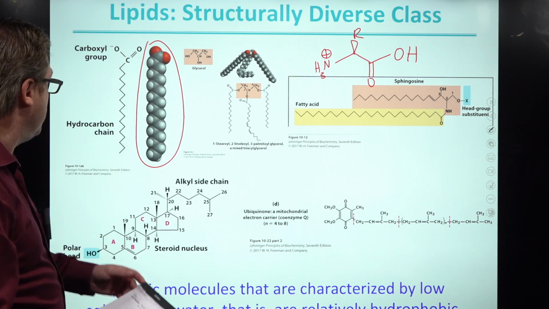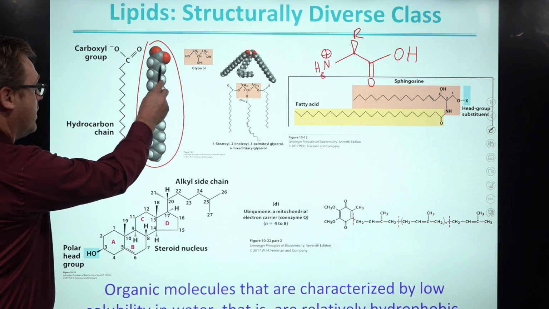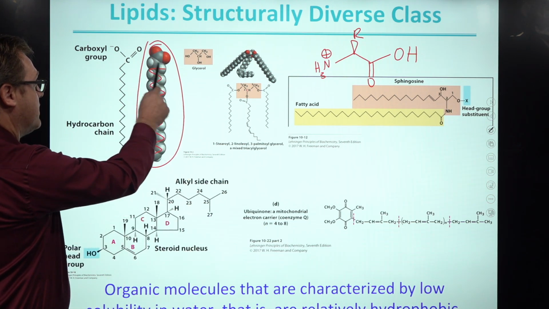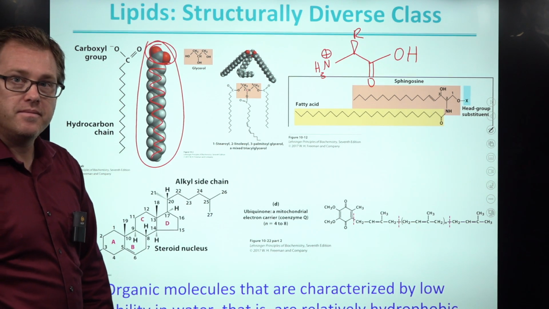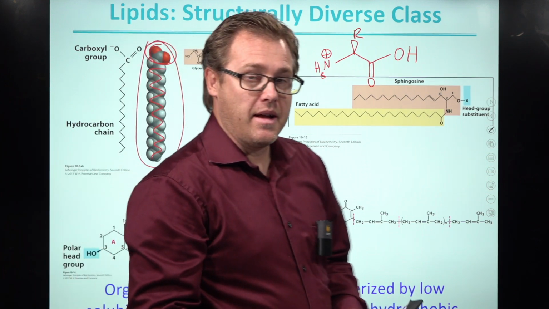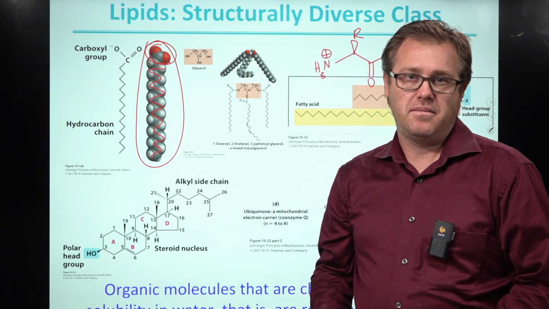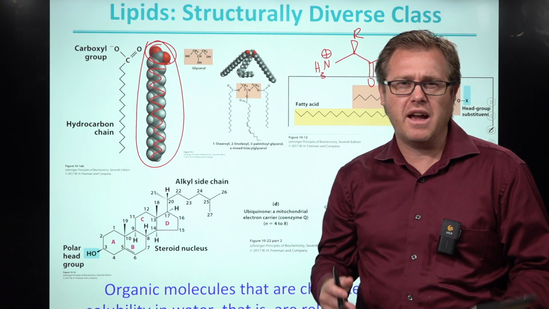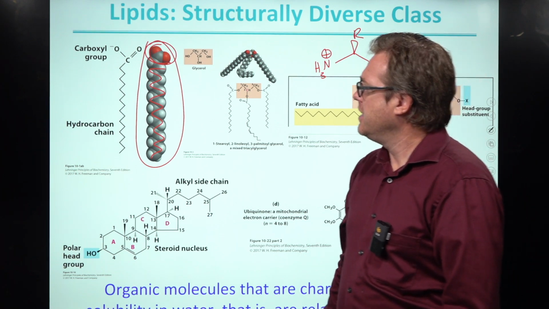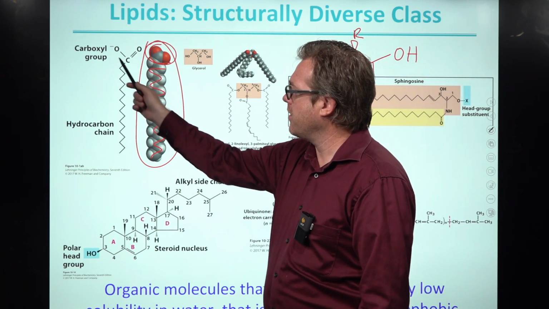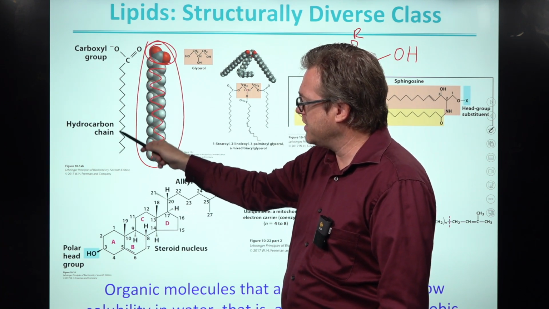Fatty acids are composed of a long carbon chain right there with a carboxylate head group right there. And that molecule, the fatty acid, there's a special name that describes its physical properties. You see that we have a polar end here and a nonpolar tail.